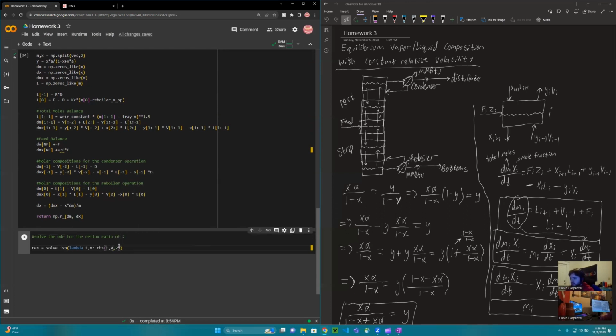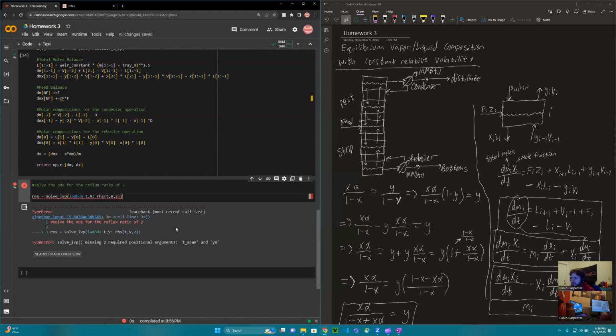So I think this should be capitalized. Wait, hold on, let me make sure this is right. Sorry, guys, I just want to make sure I got this. No, it's not right. Okay, so RHS T, comma V, comma 2.